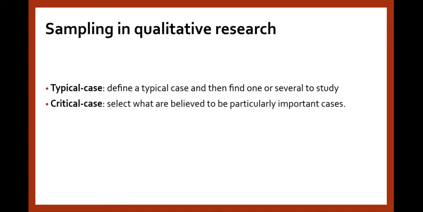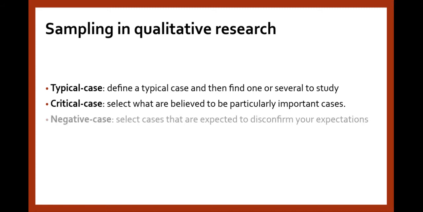Critical cases are selected because they're believed to be particularly important for one reason or another. Negative cases are basically the opposite of the typical case. They're cases where your expectations did not match reality. They are not falling in line with what you expected or what you thought would be the case, and so they merit further investigation because they don't fit, and you kind of need to know why they don't fit.